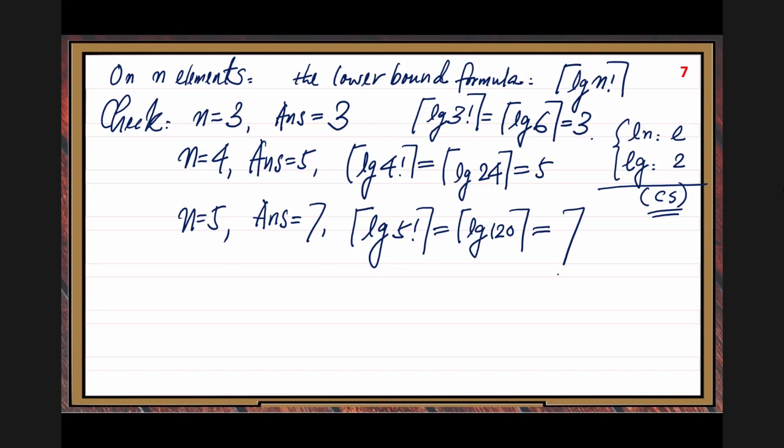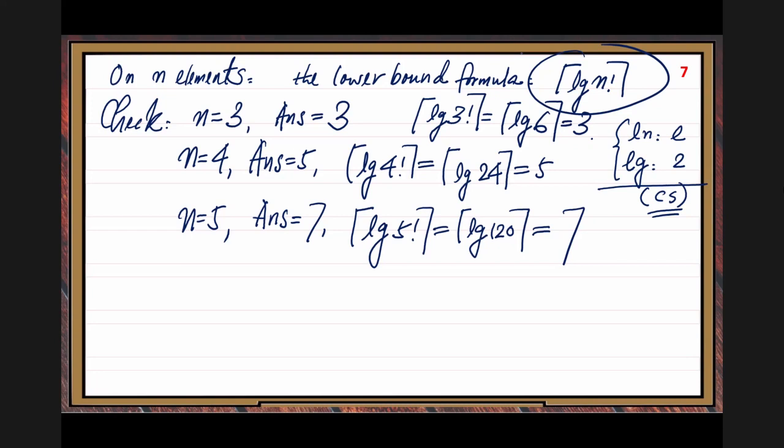The next question, how do you find this formula? How to see it? It's not easy. Here, we need to use a special technique. I want to introduce the technique here. It could be useful for you in the future when you do algorithm analysis.